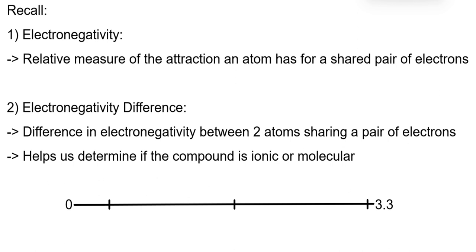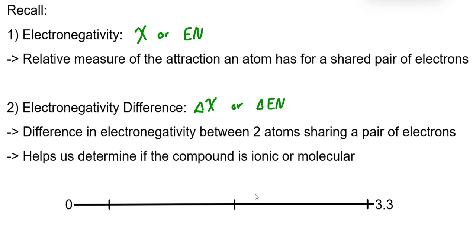Quickly though, electronegativity can sometimes go by the Greek letter chi, or you might just see it written as EN. The electronegativity difference you can see as delta chi, or even just delta EN, depending on the teacher and the course that you're in.